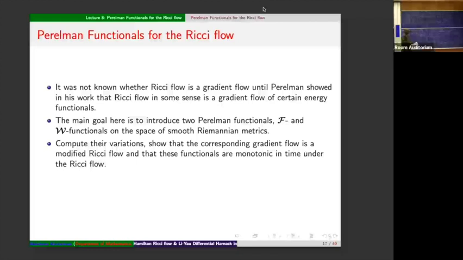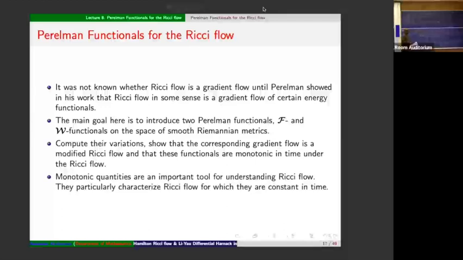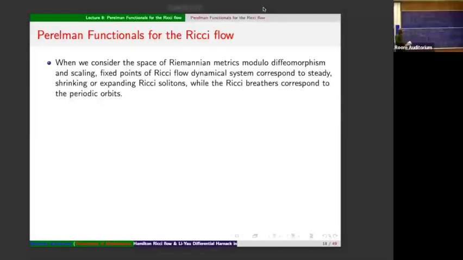In this paper, he computed the variations of these functionals and showed that the corresponding gradient flow is a modified Ricci flow. These functionals are monotonic in time under the Ricci flow. Monotonic quantities are a very important tool for understanding Ricci flow. They particularly characterize the Ricci flows for which they are constant in time.